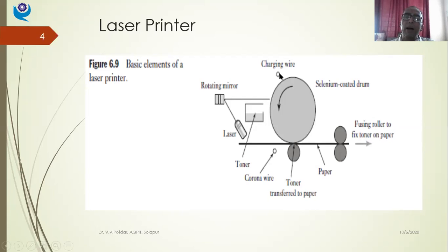This charging wire will charge this surface of the drum, and this surface of the drum is selenium coated. Okay, selenium coated drum. So when I have the data or the letters, I am studying at KGPIT, that data or those letters in the form of reflected light will be focused on, or will be incident on, this drum.